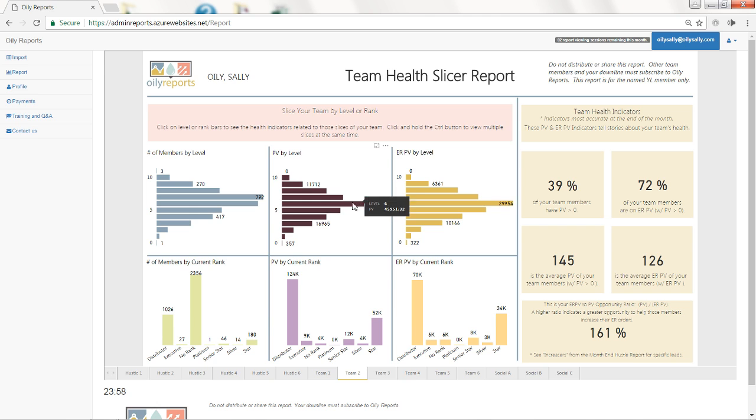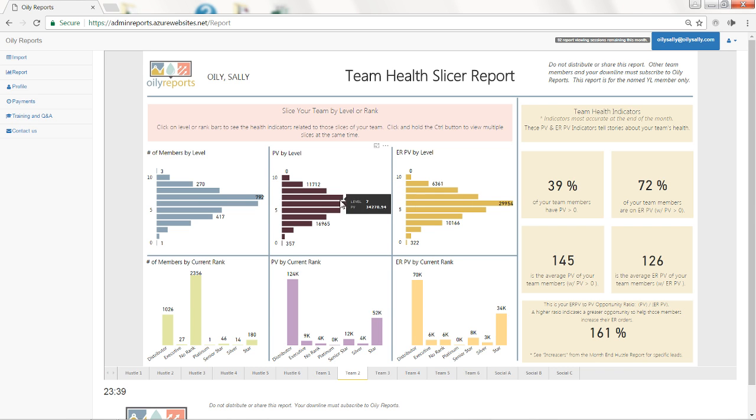Looking at this graph, the level 7 individuals, there have been more of them added, and they're not buying as much. And it also correlates to what's happening in ER.